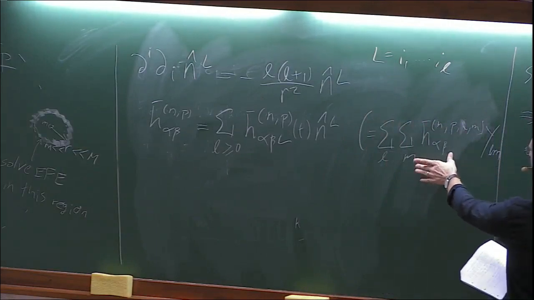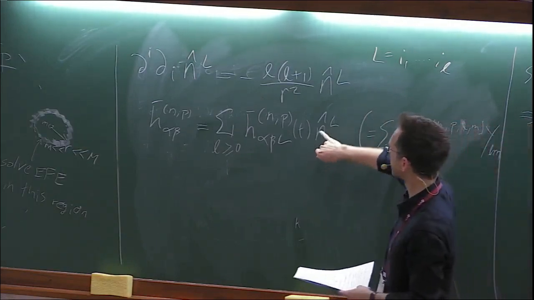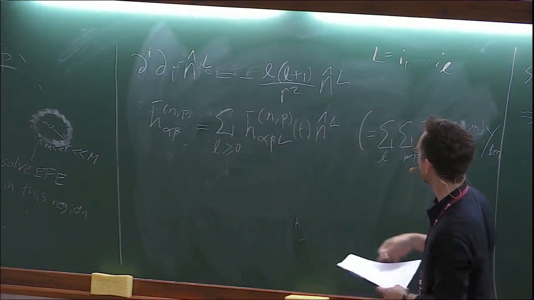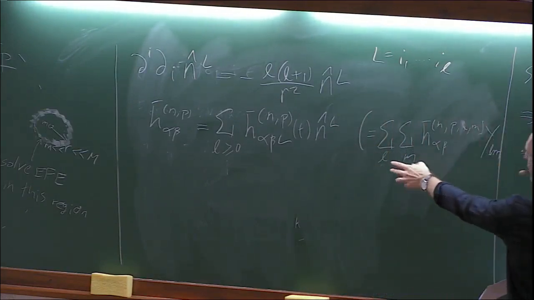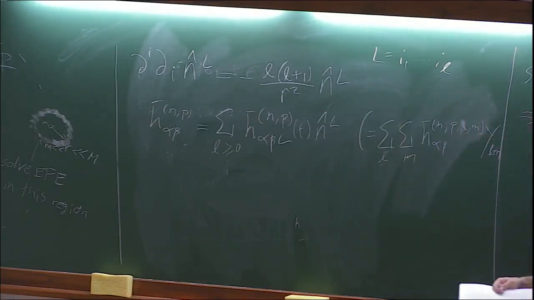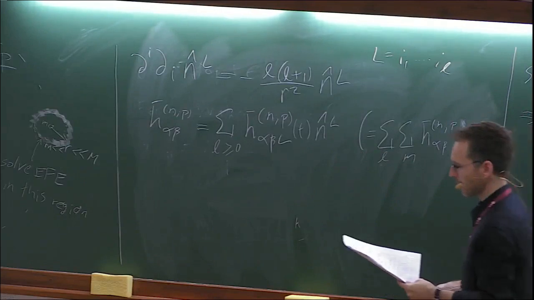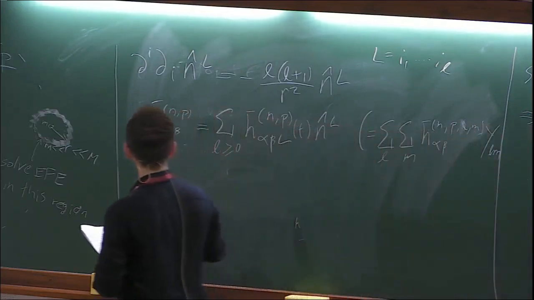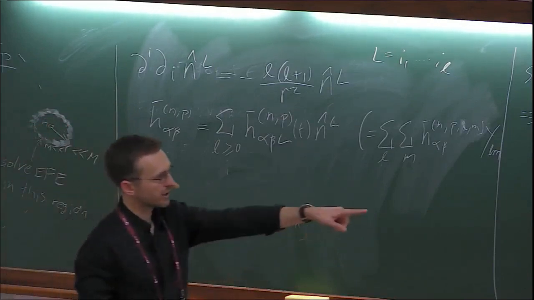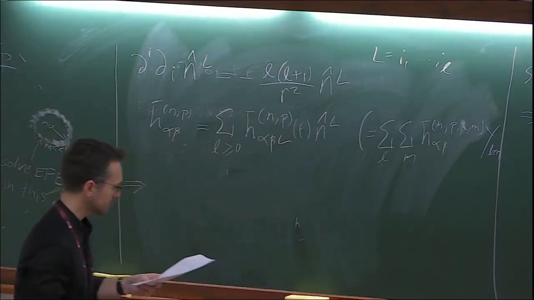And the sum over m is basically accounting for the fact that you have a bunch of indices here. You actually have 2l plus 1 independent pieces, just like you have 2l plus 1 values of lowercase m in a spherical harmonic expansion. Okay, so let's substitute this into the equation we had over here, this Poisson equation.